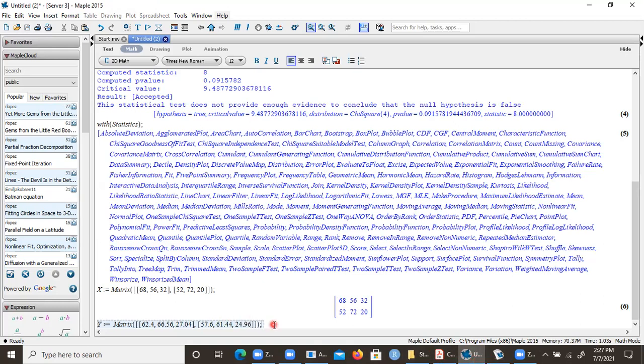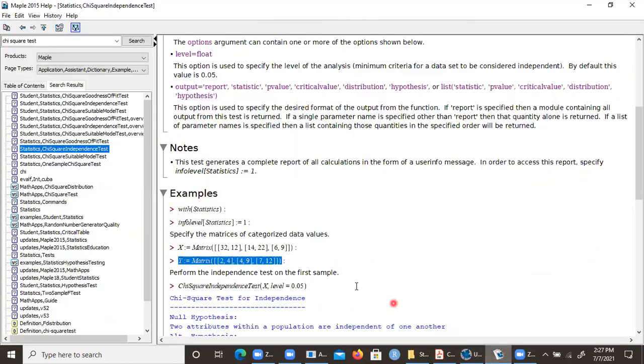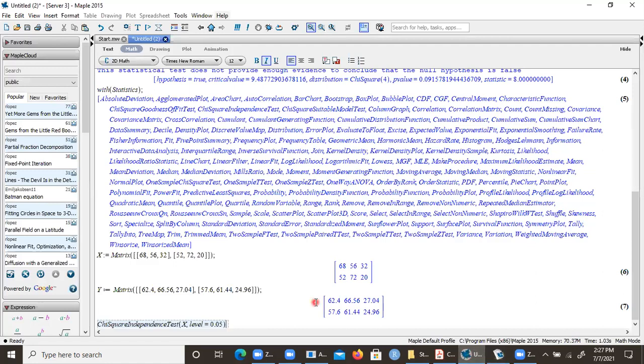Okay, all the values have been entered, and then we have printed all expected frequencies. Now the command is this one. You can copy it from here and paste it.